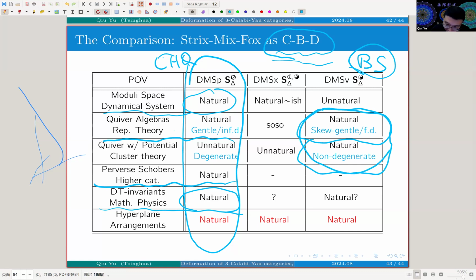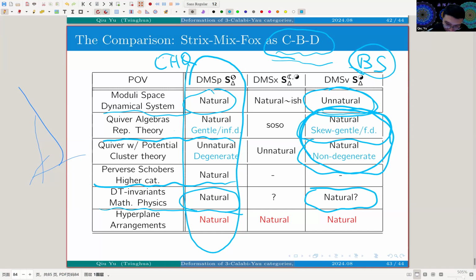So that's why this case is actually easier from the cluster point of view. However, it is not natural from the model space of quadratic differentials point of view. And in Bridgeland and Smith, they also calculated the DT invariant, but somehow I'm not sure if it's natural or not.